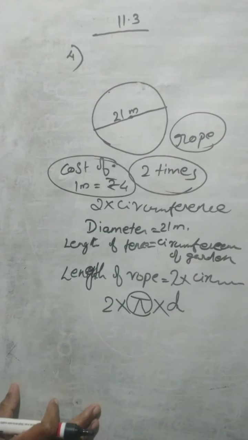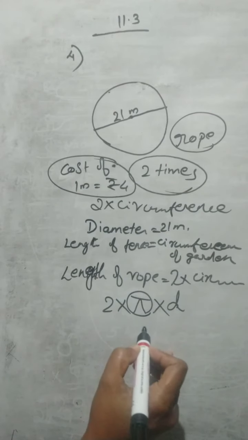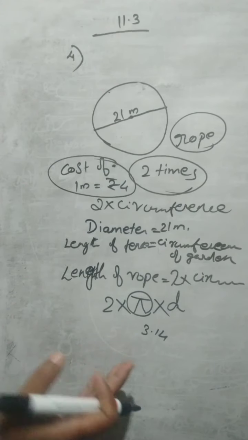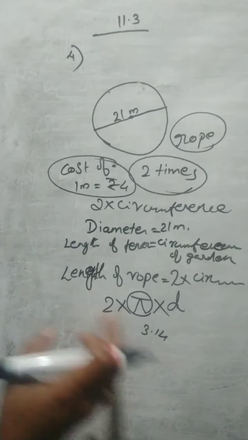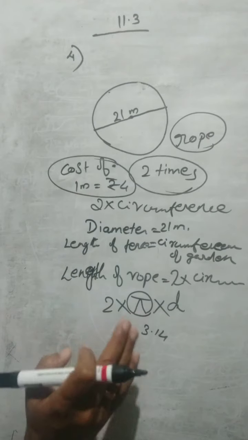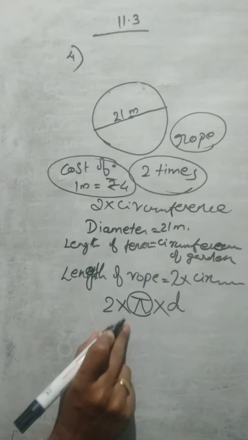Sometimes it will say we have to consider pi as 22 on 7 or 3.14. That will be mentioned in the question. Sometimes it won't be mentioned. At that time you have to take any one of these values. Any one value, don't take 2 values. Only 1 value.